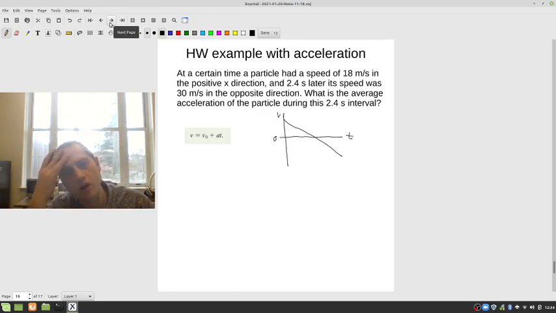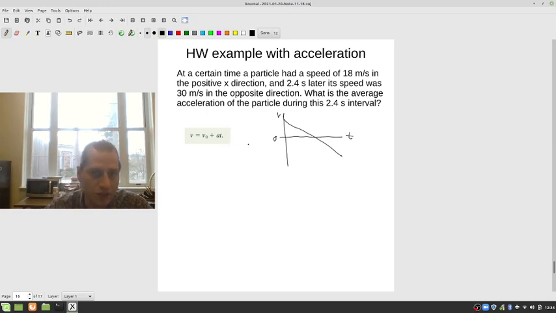Okay, so I gave you a homework problem with this. It says at a certain time, a particle had a speed of 18 meters per second in the positive x direction, and 2.4 seconds later, it was 30 meters per second in the opposite direction. Okay, so you're starting going one way, you're ending up going the other way.